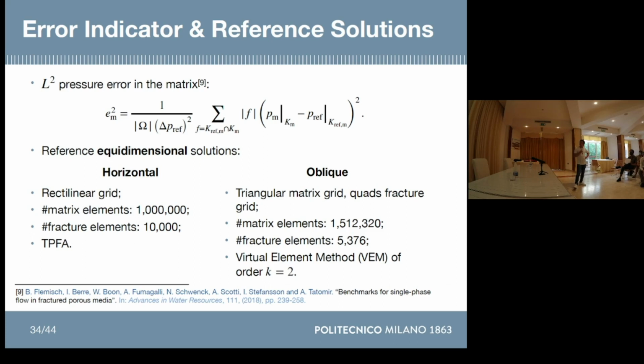In the case of the oblique fracture, I have a triangular matrix grid, and in the fracture grid instead I have quadrilaterals. So we have more or less 1,500,000 matrix elements and 5,000 fracture elements, and in this case the virtual element method of order 2 has been used.